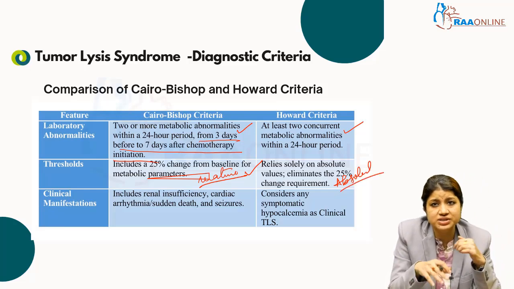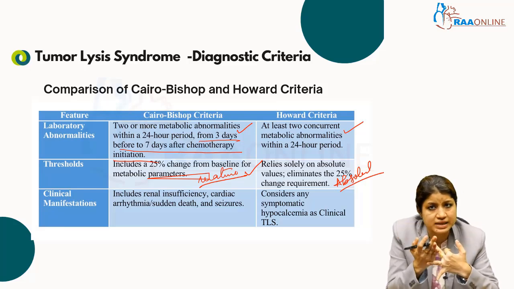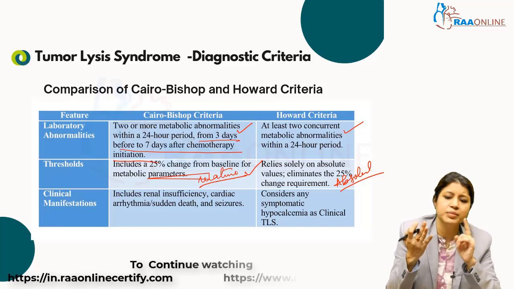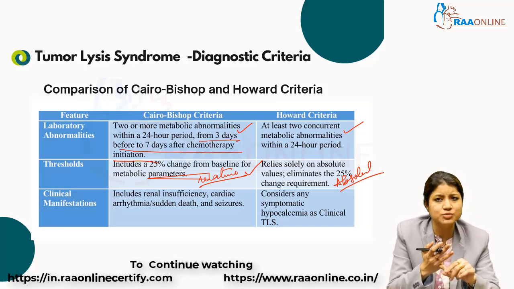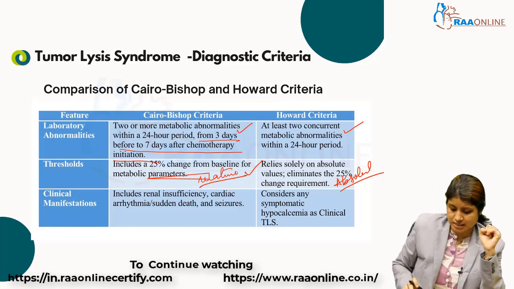In Cairo-Bishop the clinical manifestation should be definite organ dysfunction in the form of renal insufficiency, cardiac arrhythmias or seizures. But Howard's criteria says any symptomatic hypocalcemia would also suffice to call it a clinical TLS.